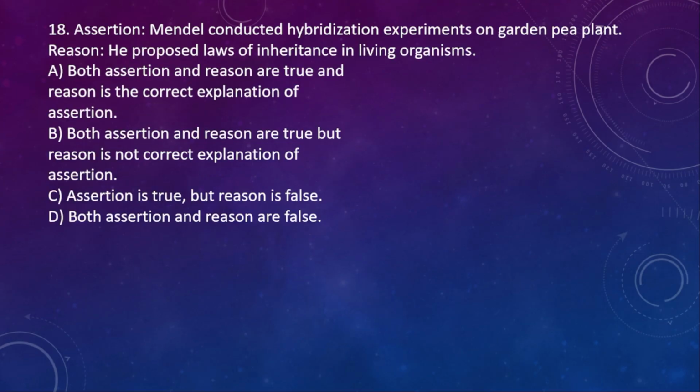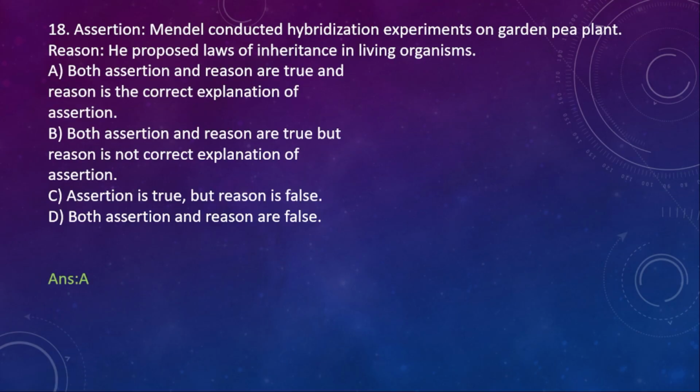Next question, question number 18. Assertion and reason. Mendel conducted hybridization experiment on garden pea plant. This is the assertion, and then the reason: he proposed law of inheritance in living organism. So here both assertion and reason are true, and the reason is the correct explanation of the assertion.